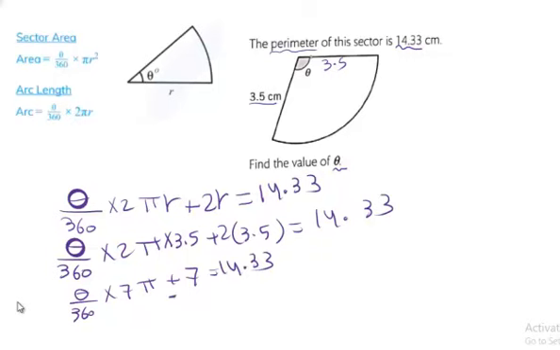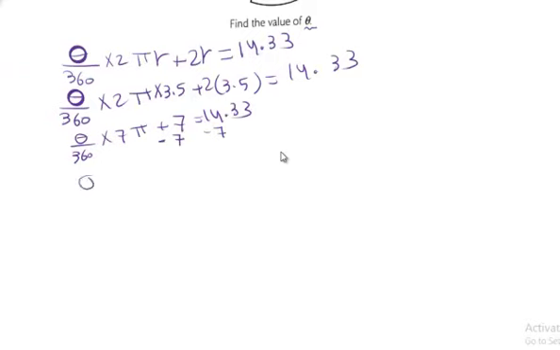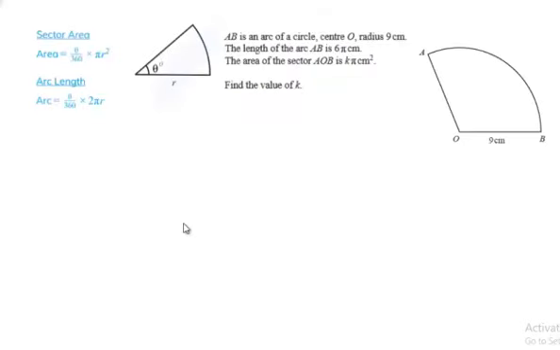Solving the equation, minus 7 from both sides. So theta over 360 multiplied by 7 pi equals 7.33. In this case, theta will equal 120 degrees.